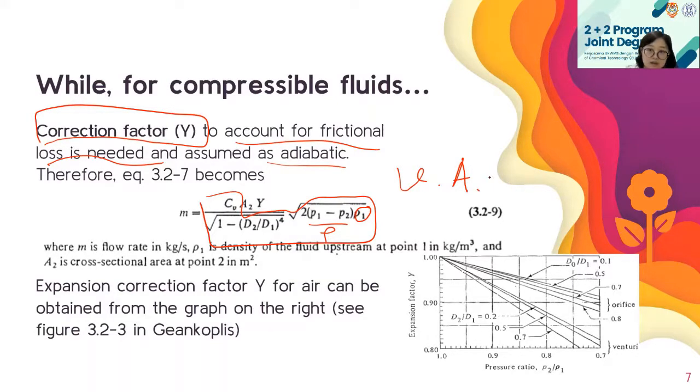If we multiply it again with the density, the volumetric flow rate becomes mass.